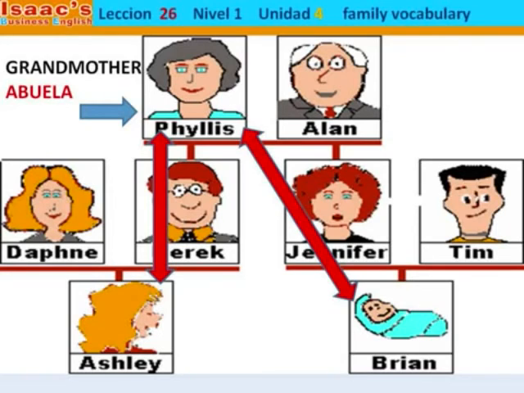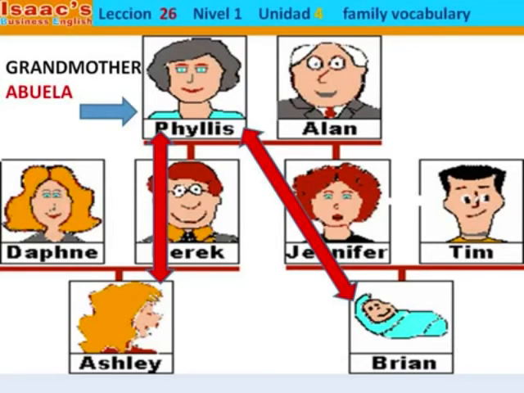La flecha azul apunta al título. The blue arrow points to the title. The red arrows point to the person who is related to the title.